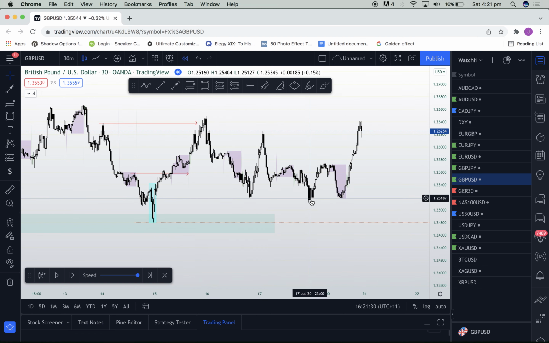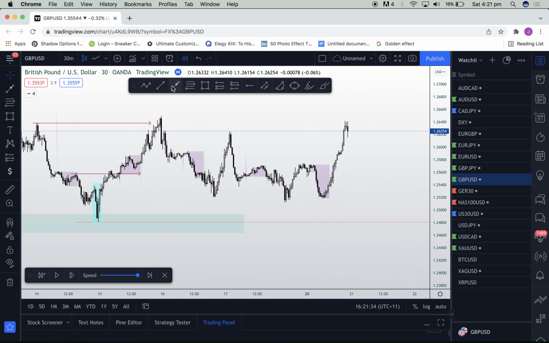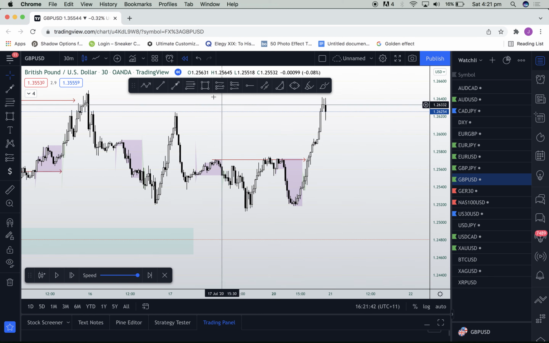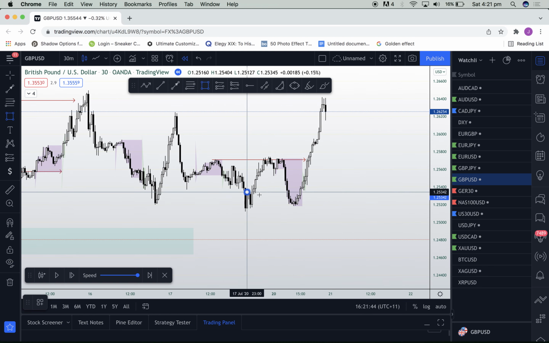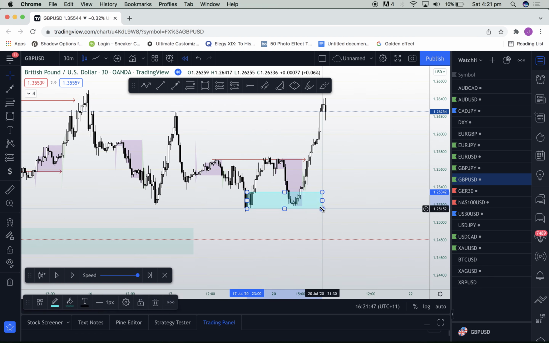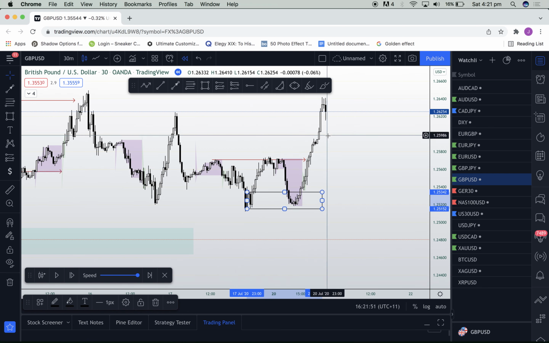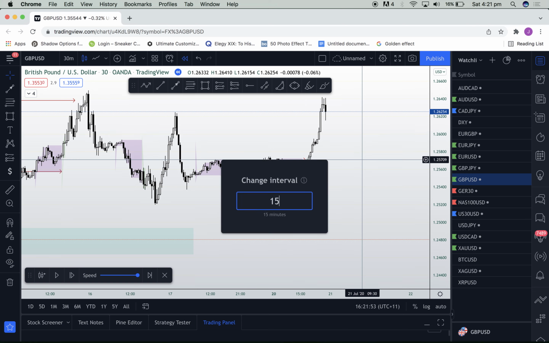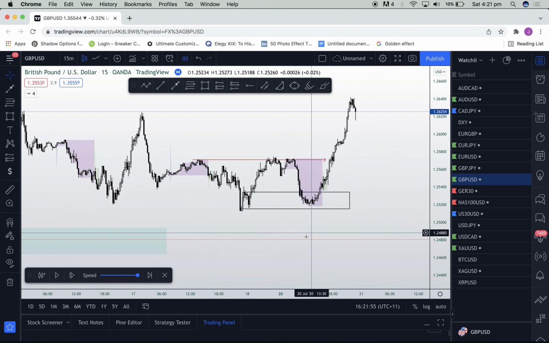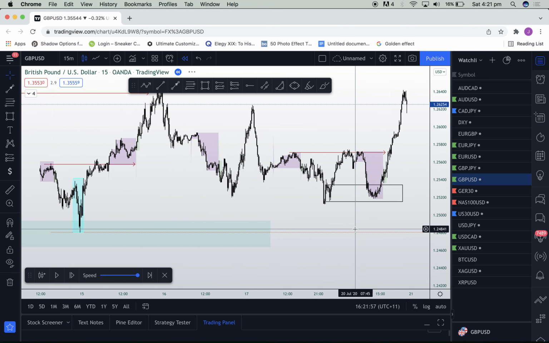Hangs around in there until you get the break of structure. Once again, breaking the high that got you into here, and then market comes back into the down candle before continuing up.